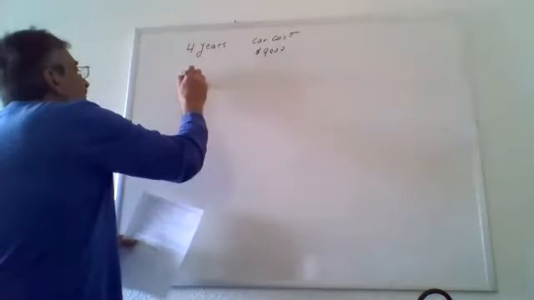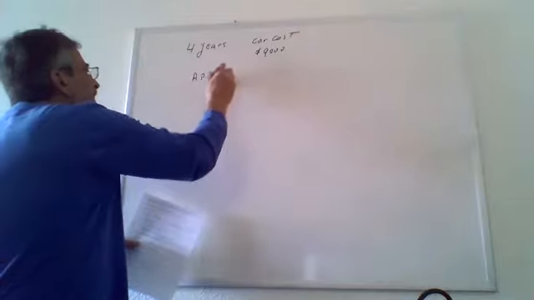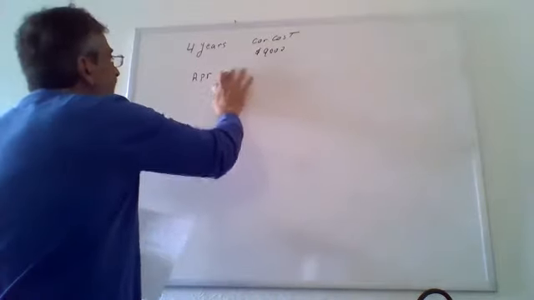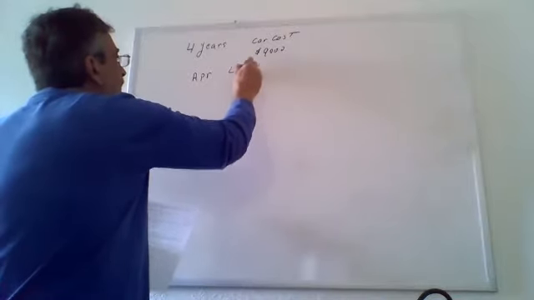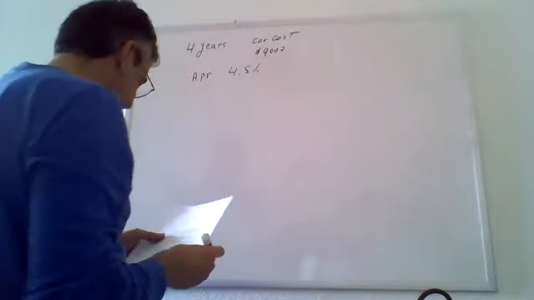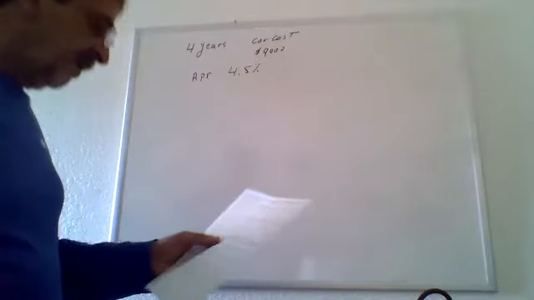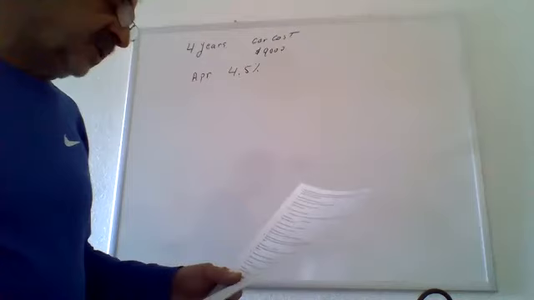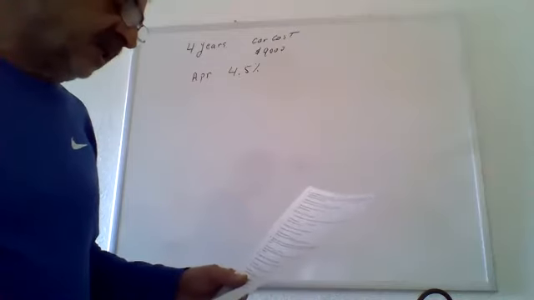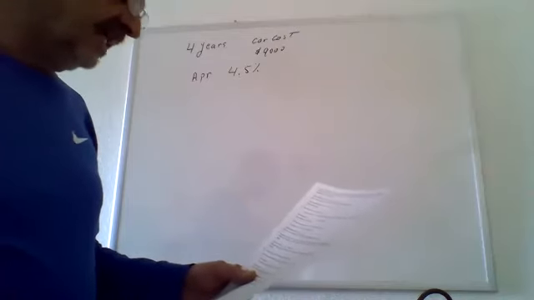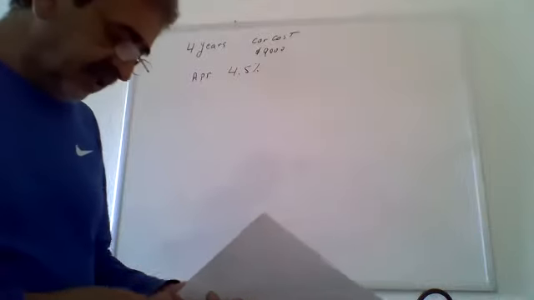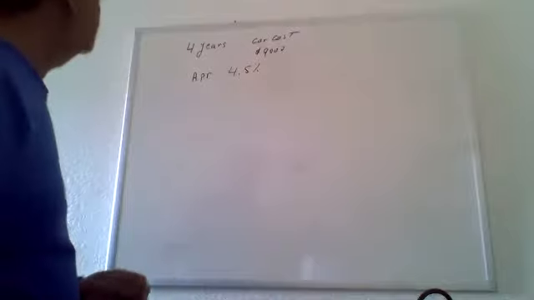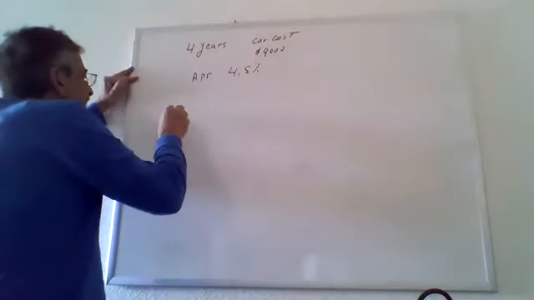So you have APR 4.5%. It says if you make a regular monthly deposit, the question is, how much should you deposit each month to end up with $9,000 in 4 years? So basically, this is a problem similar to one we did. So we're looking at the payment.